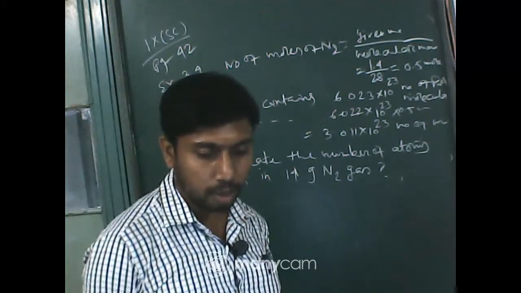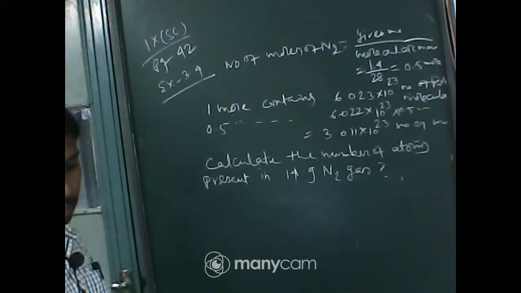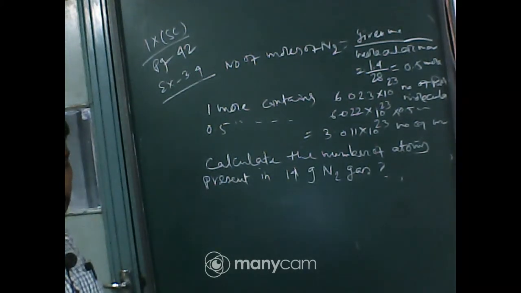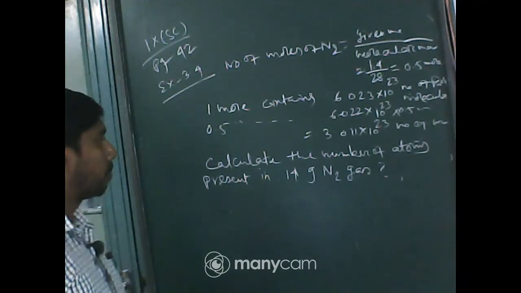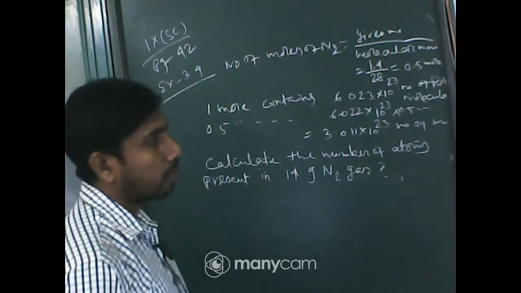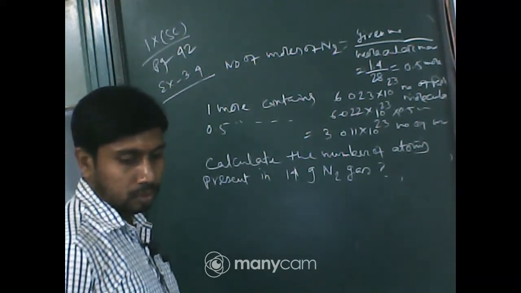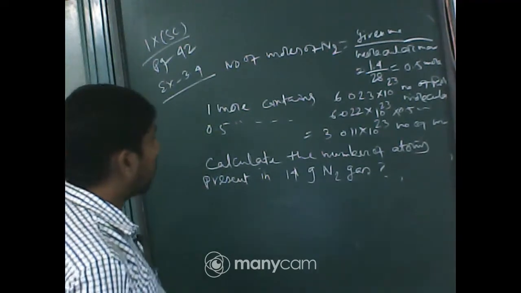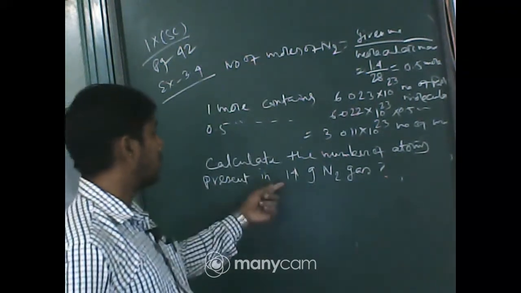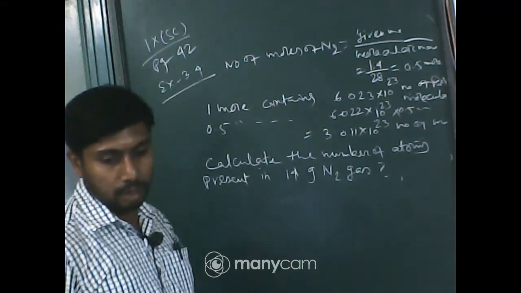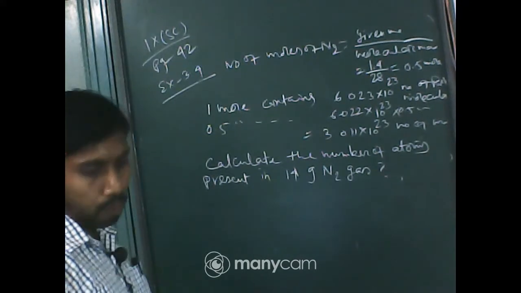One atom, 1 mole, 14 gram, yes, correct, Riddhita. Okay, so you can proceed in the previous way, or there is another option, that is 14 gram of nitrogen gas is equal to half mole.